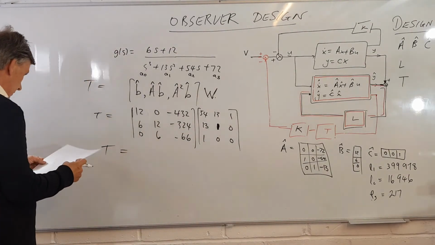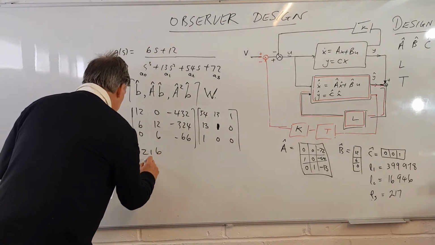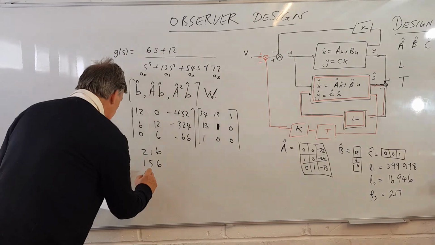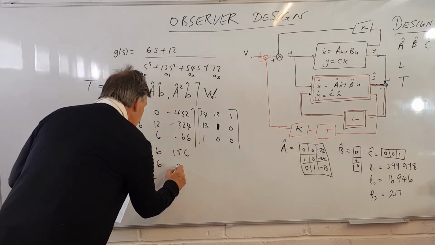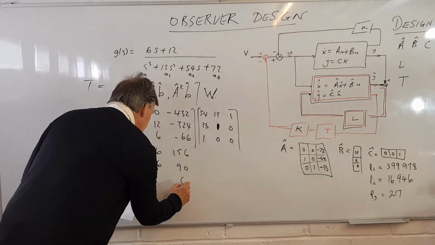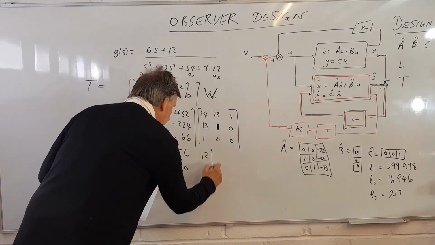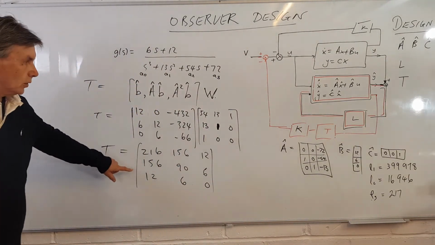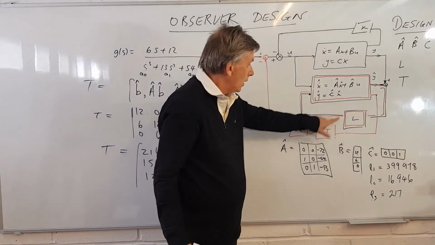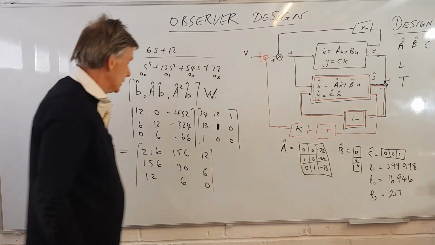So T comes out as 216, 156, 12, 156, 96, 12, 6, 0. And this matrix now will transform the states from the observer companion form into companion form for us.